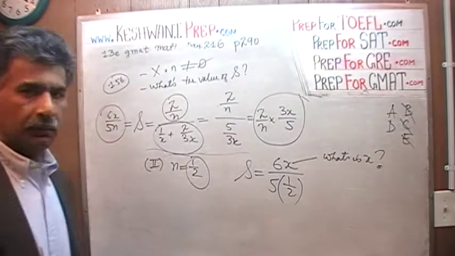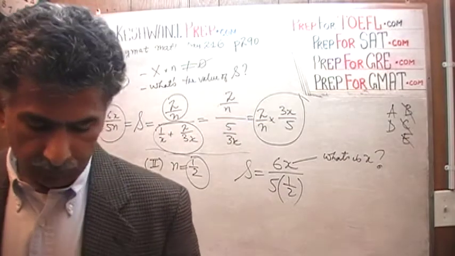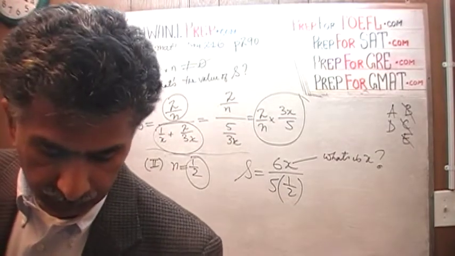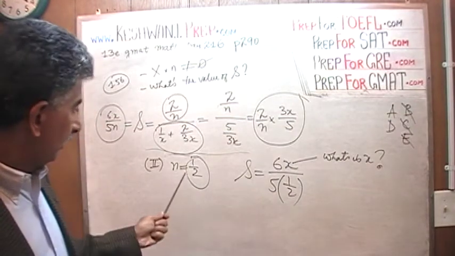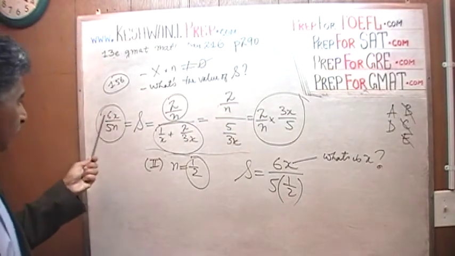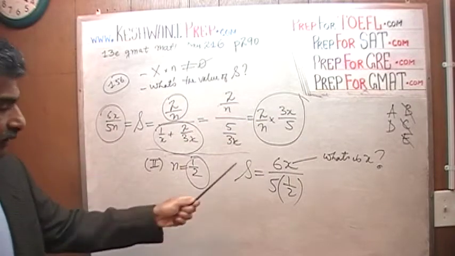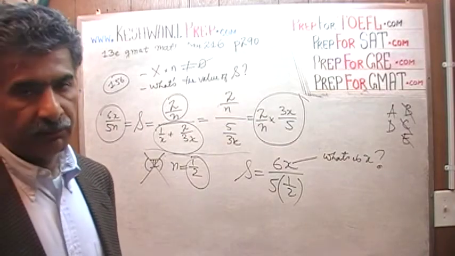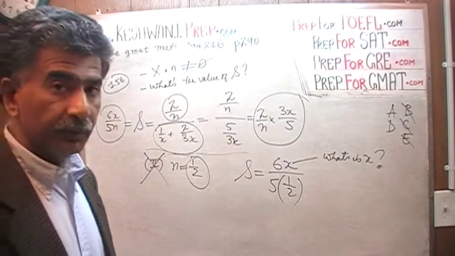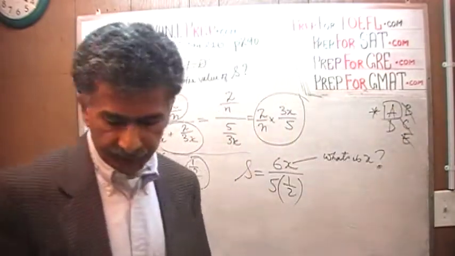There is no way to figure out the value of x based on what is given to us. We know s equals 6x over 5n, but unless we know what x is, we cannot figure out s. So the second statement does not do the job. The second statement is not sufficient. Therefore the answer is A. The answer is A. That's all.